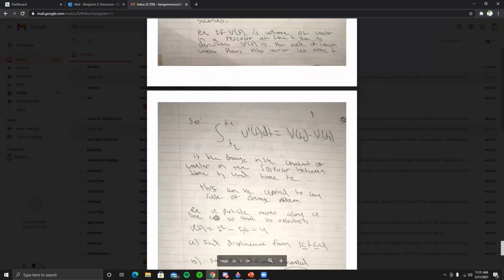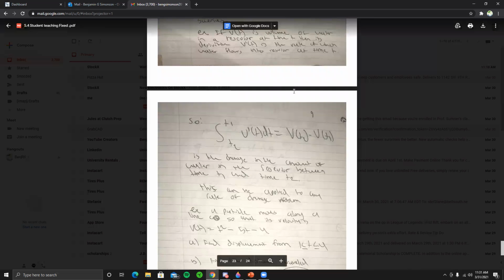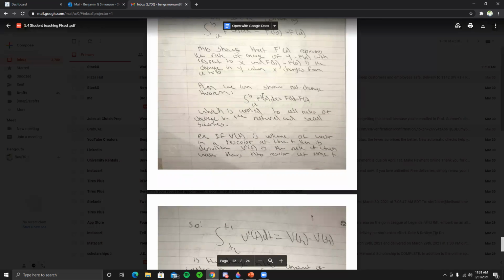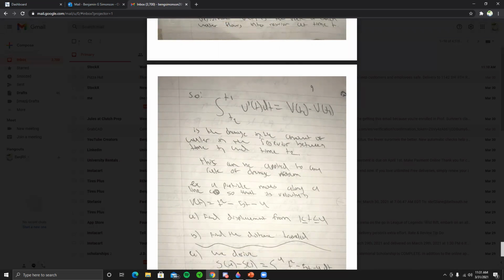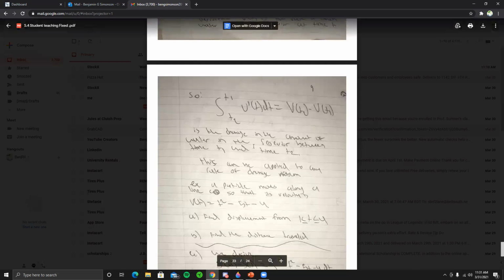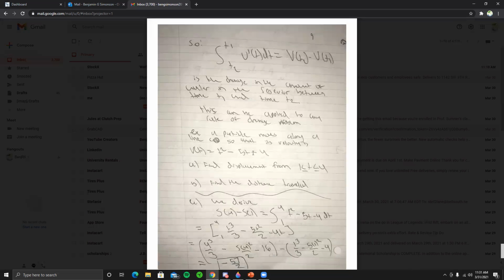So the integral from t1 to t2 of V prime of t dt is equal to capital V of t2 minus capital V of t1, which we can derive from this integral. So this is the change in the amount of water in the reservoir between time 1 and time 2. And this can be applied to any rate of change problem. So we can also use it in kinematics.